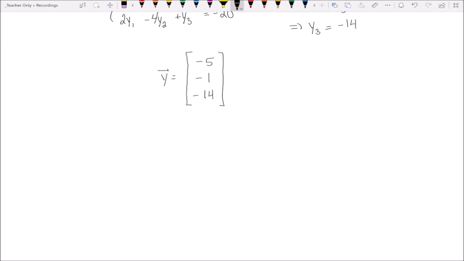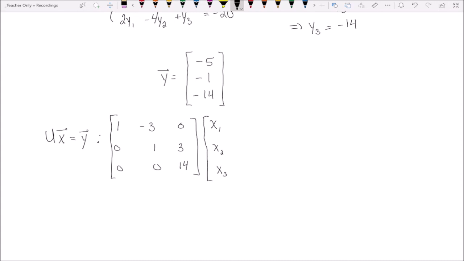Now we set up the equation Ux equals y and solve for the x vector. Right, so U was 1, negative 3, 0, 0, 1, 3, 0, 0, 14, times our x vector, x1, x2, x3, equals our y vector, negative 5, negative 1, negative 14.